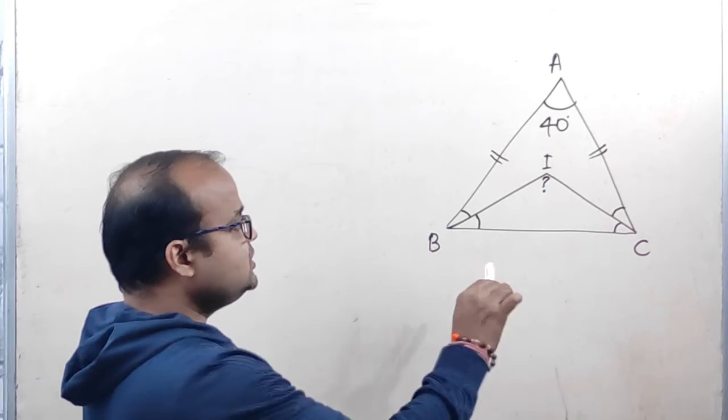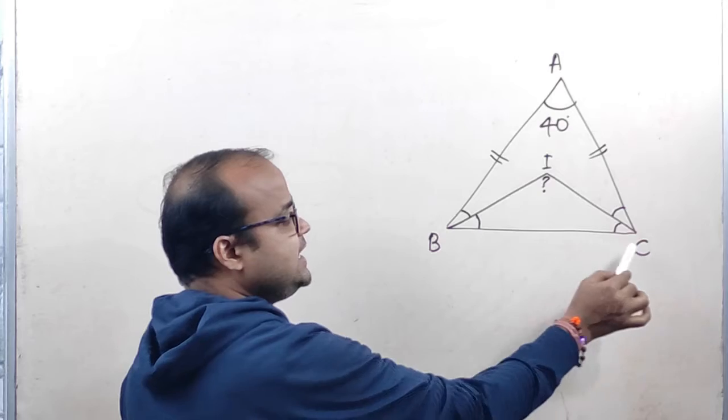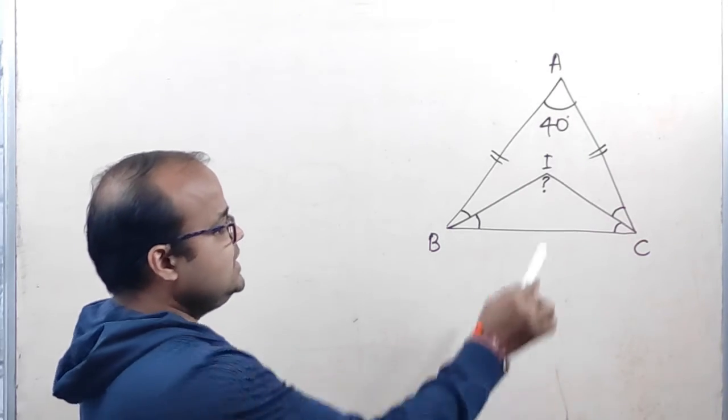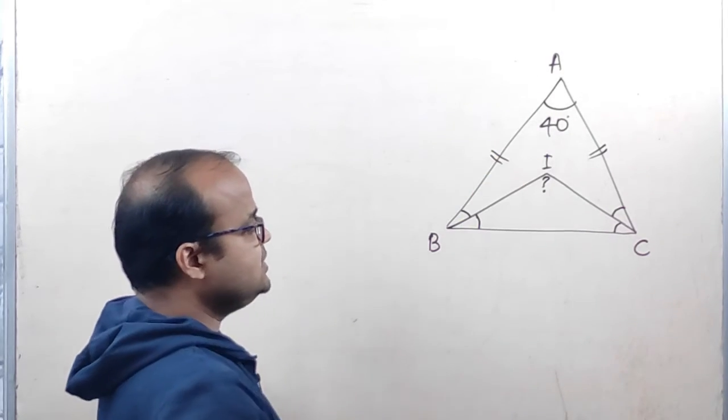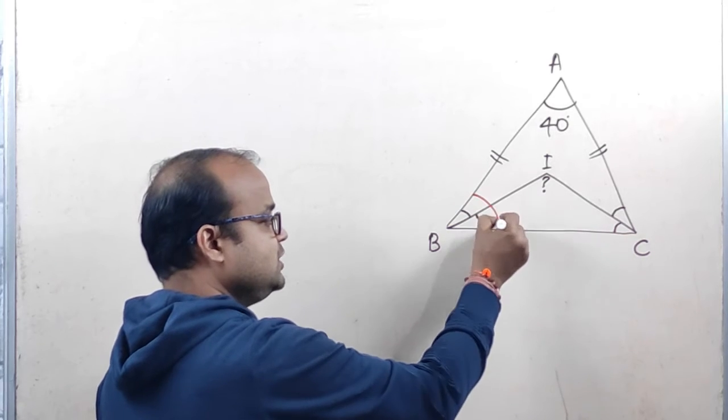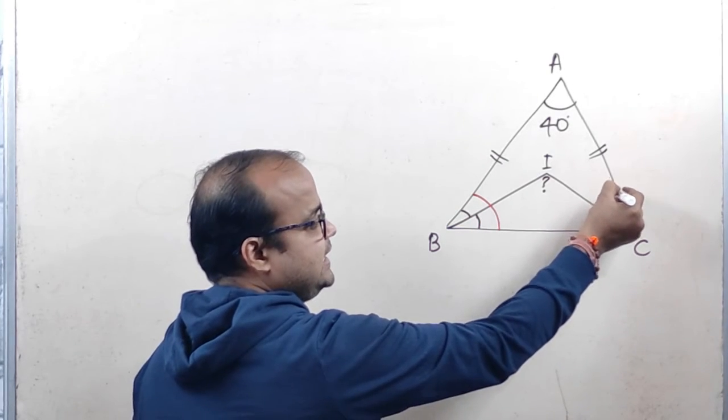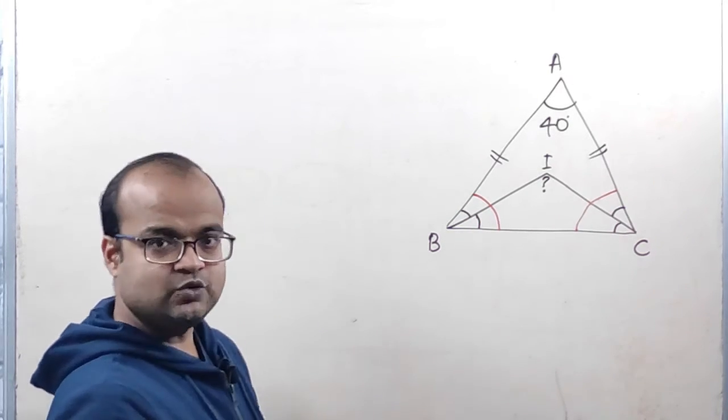Now first, in triangle ABC, AB equals to AC. So angle B and angle C are equal.